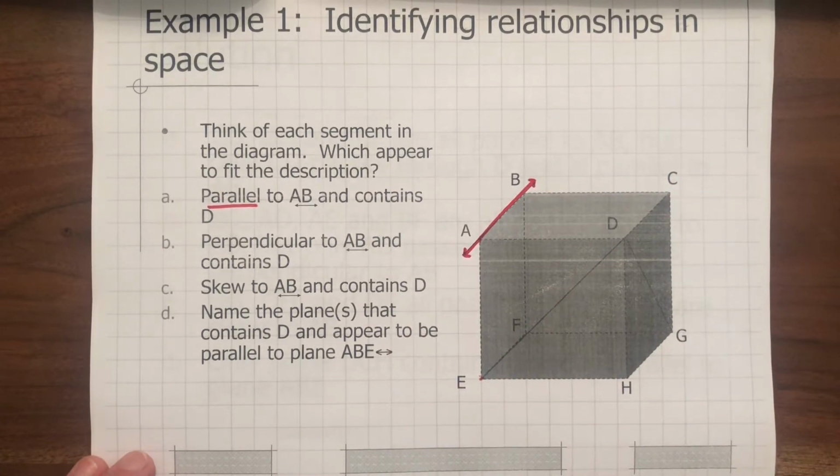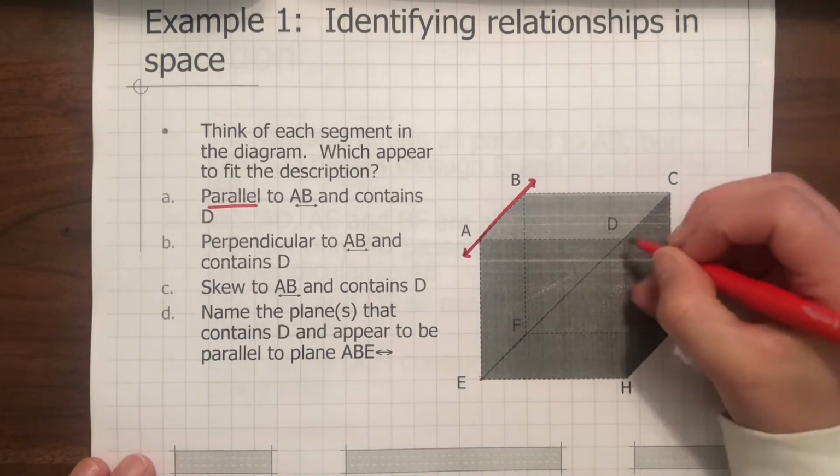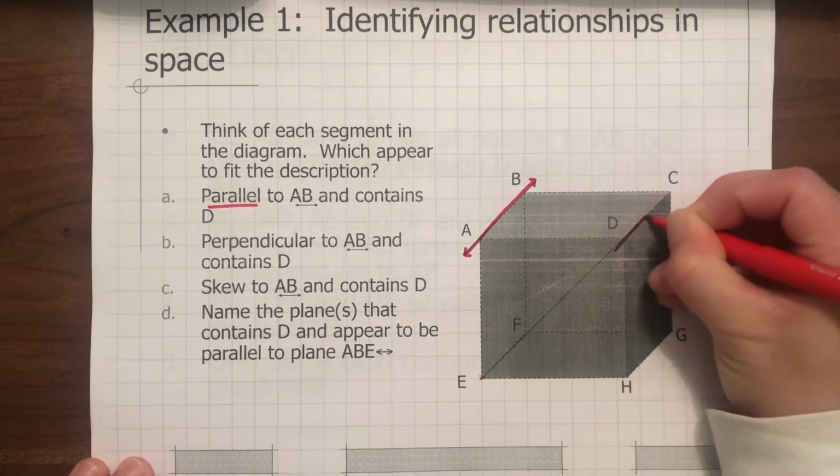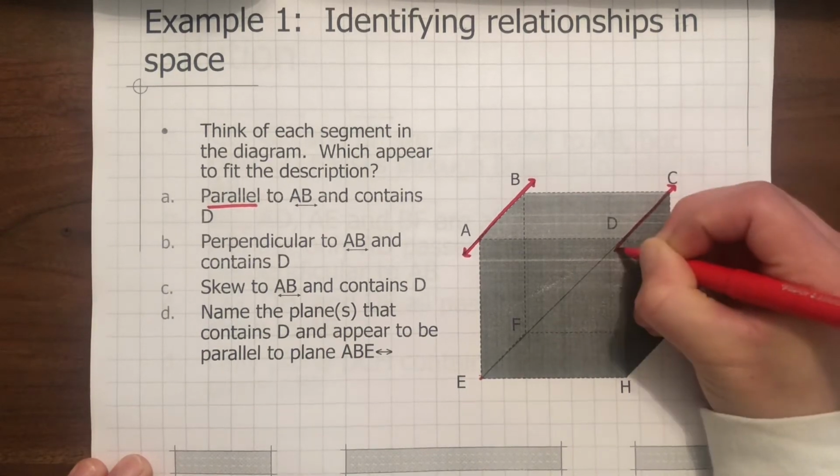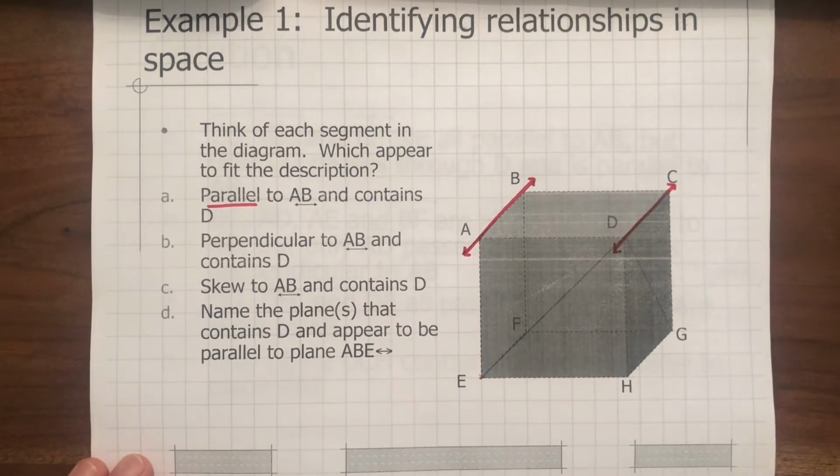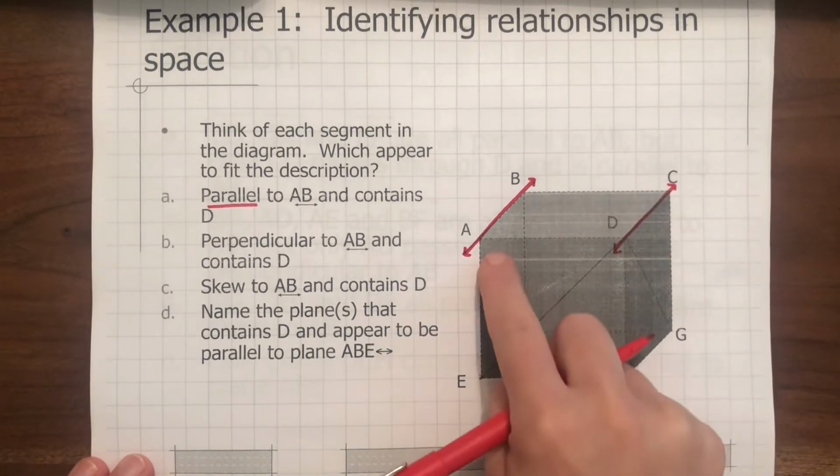So we can identify a few of them that are in the same plane but never intersect. The first one, right next to it, would be CD. So this line segment here would be listed as parallel to AB.